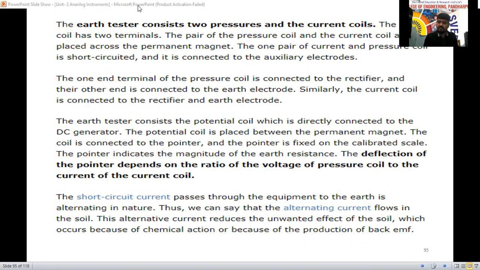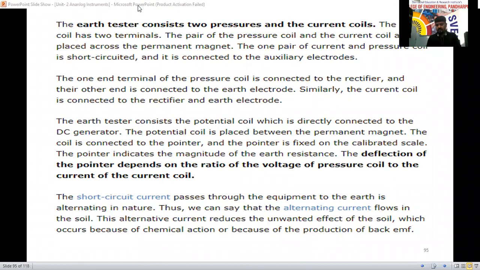So that completes the earth tester. Next we'll go for the dynamometer that we are going to use now. We have already discussed the electrodynamometer part in the very first class.